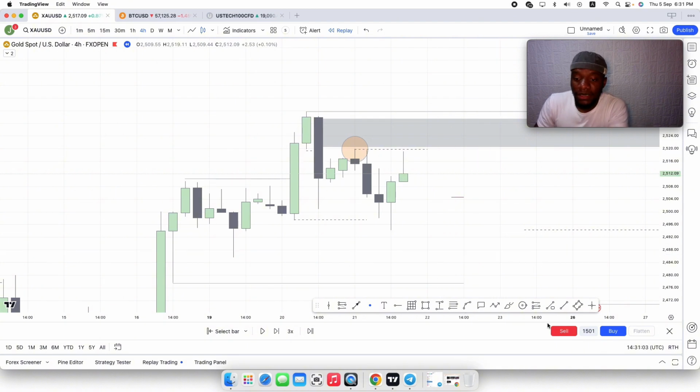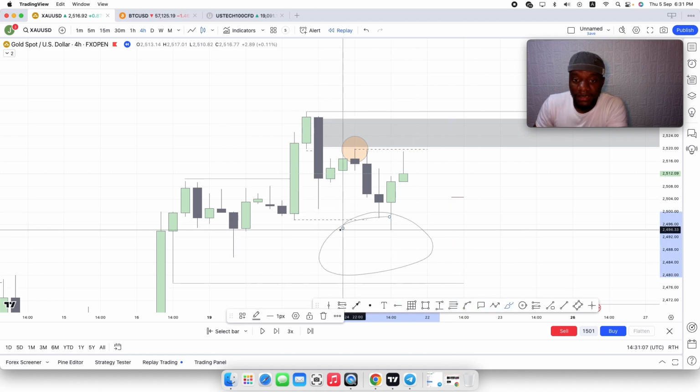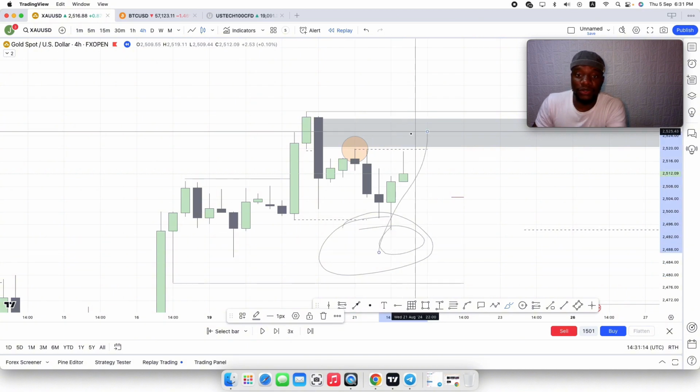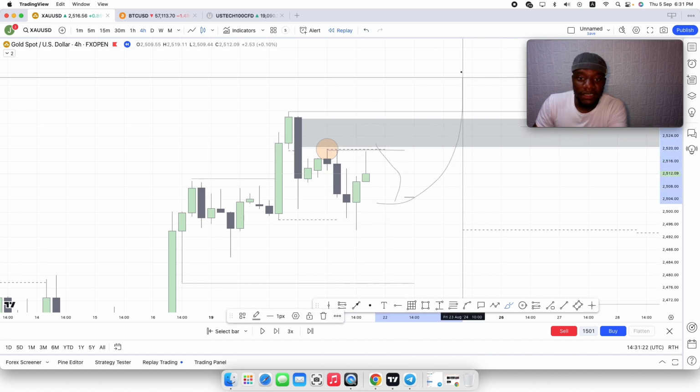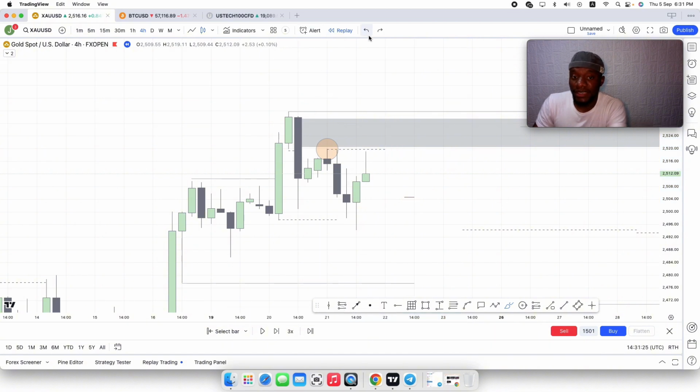Because number one, the market is on our discount zone already, which is around this area, where what we're supposed to be doing is searching for a buy position that will take us to the high. So if the market eventually pulls out this high, then we'll have a pullback here that will give us a bullish move, but we'll never see something like that. So let's see what the market did next.